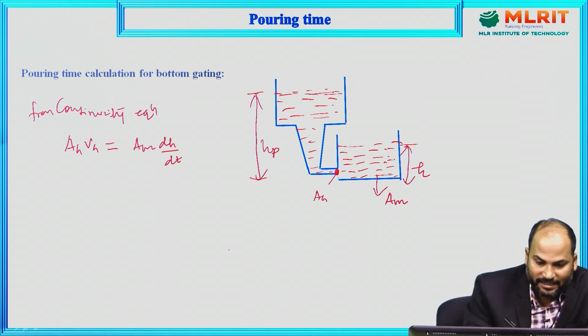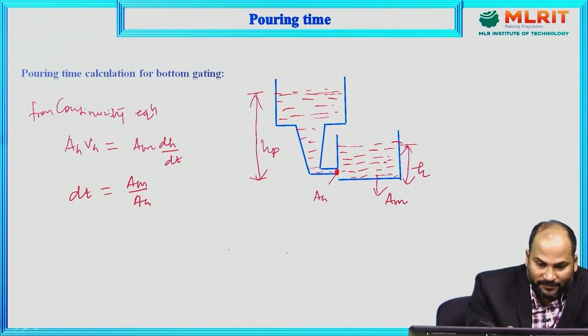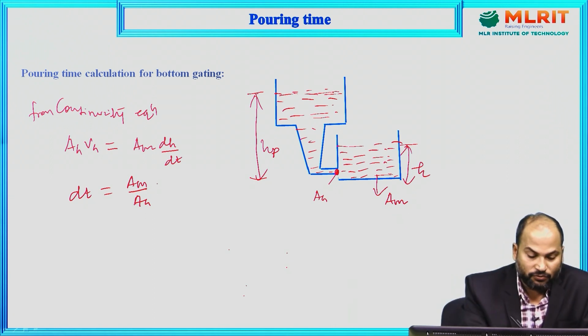So we can write this expression quite easily. If we take this t, we can write dt is equal to AM upon AG into 1 upon VG, into dH.